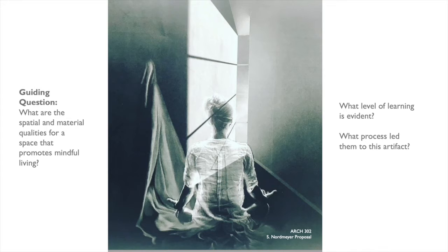Synthesis, the other thing that's evident in here, is that several different topics are all brought together to create this intended experience. And evaluation. The student was able to present this work, to talk about this work, revise the work as needed, and finally to produce this. All of those things, knowledge, application, synthesis, and evaluation, are examples of higher order thinking at the top of Bloom's taxonomy.